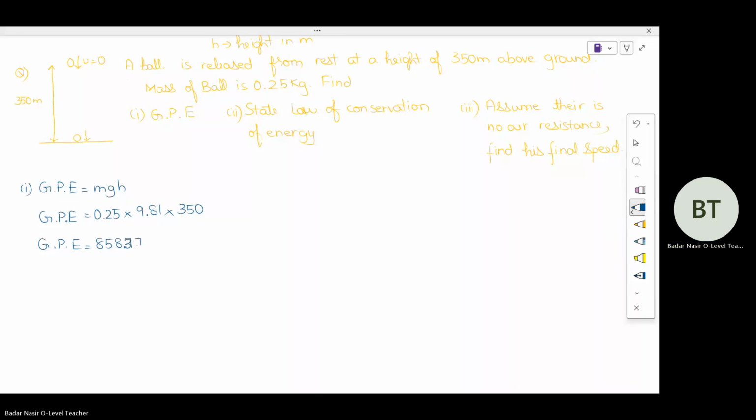Yes, sir. Okay, so this is the value. And we will round the final answer to two significant figures, which gives us 860 joule.